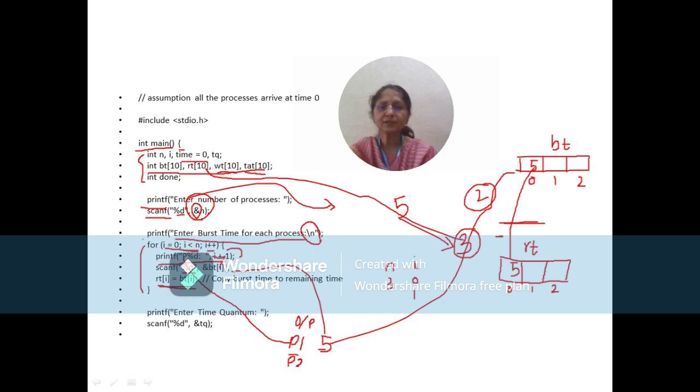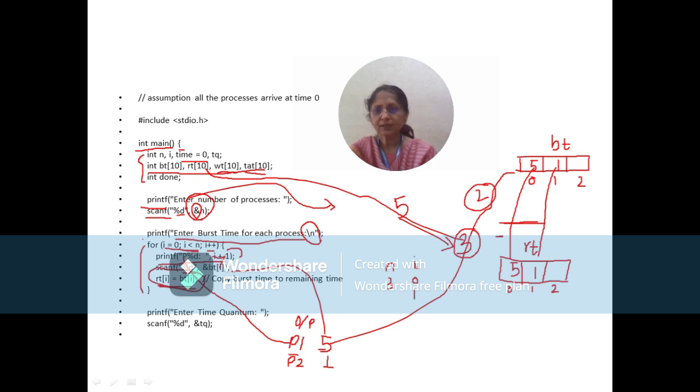So it prints P2 and the program is waiting for the user to enter the burst time of the second process. Suppose the user enters the burst time as 1. So 1 is stored at subscript 1 of BT, and then the control comes to the next line. So this 1 will be copied to RT of 1.